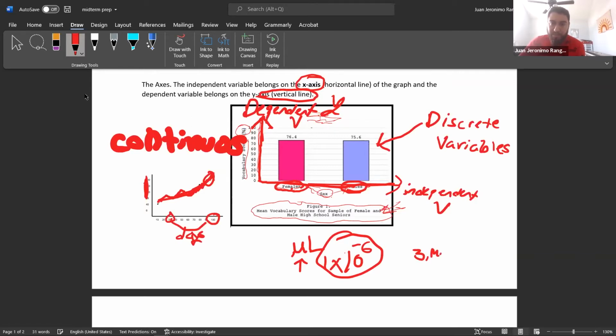So if you were to convert from 3 millimeters, you would go to the right 3 times. 1, 2, 3. So you would have 3,000.